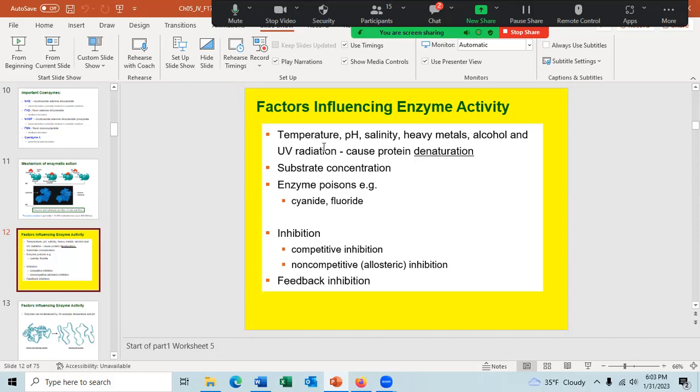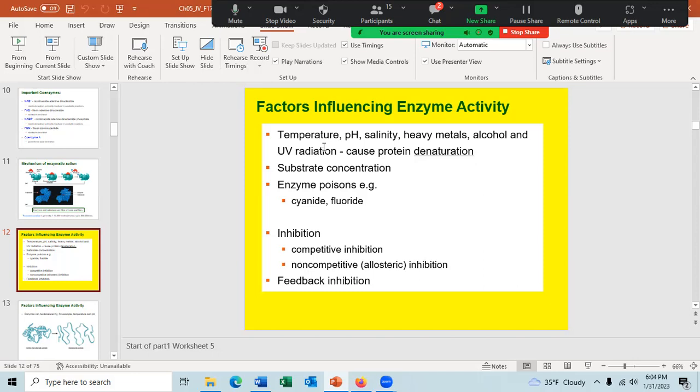When the protein making the enzyme changes its shape enough such that it's not working at its optimal level, then we say the protein has started to denature. And when it's totally denatured, we say the protein has denatured.